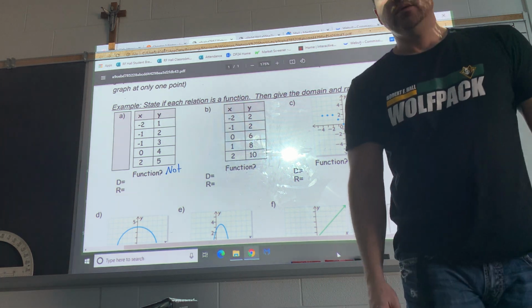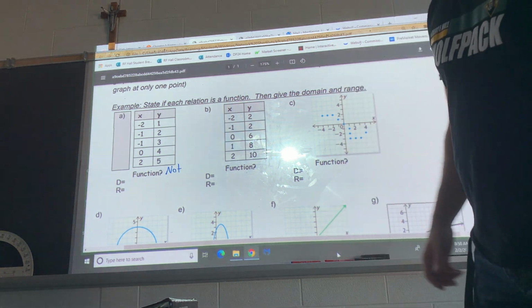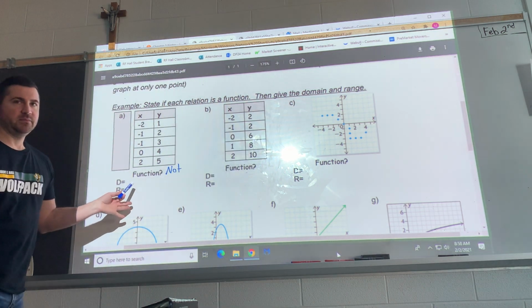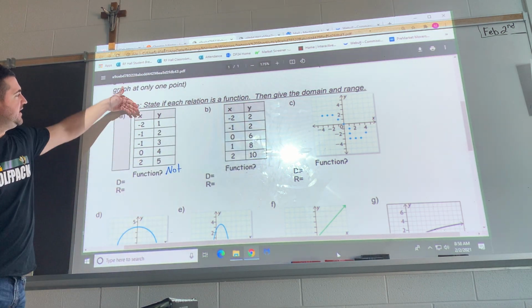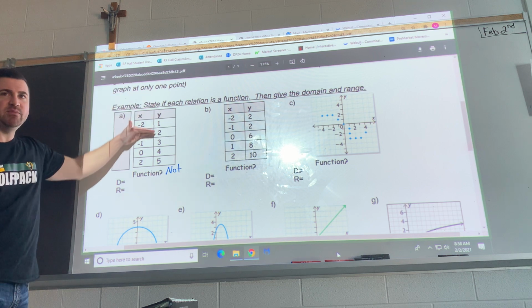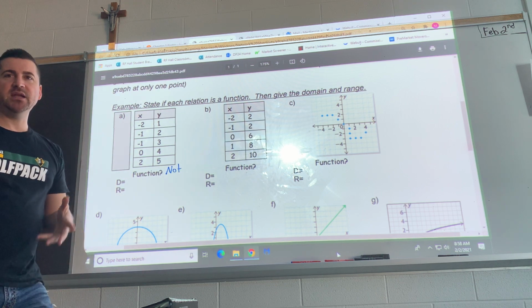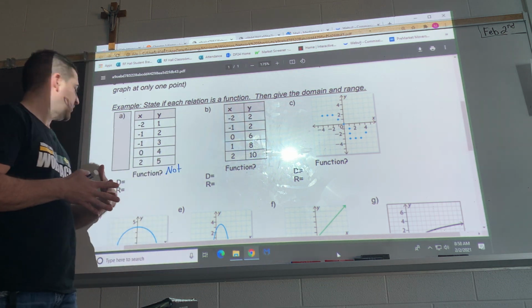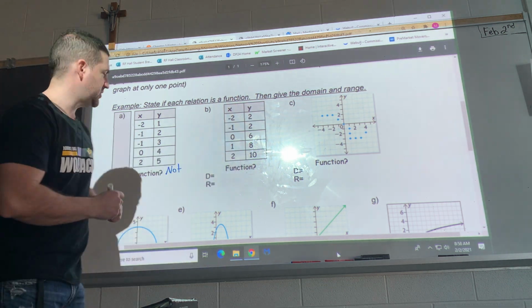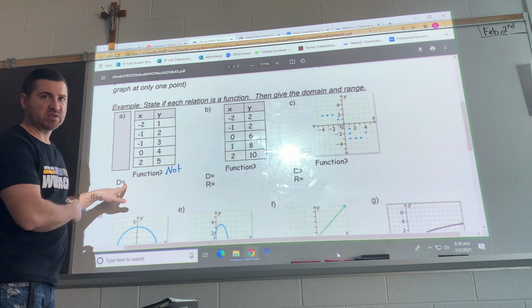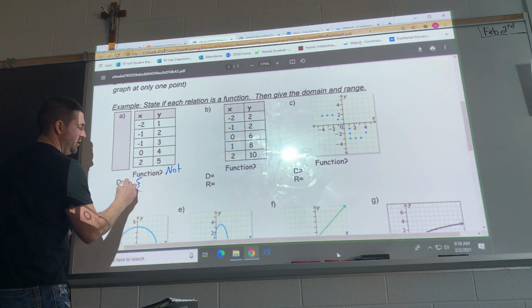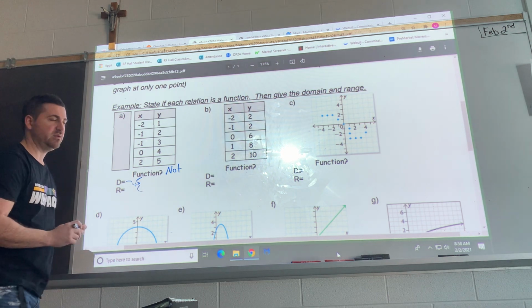That was it. We started off with kind of a trick question. Now our domain. When we have a table of values and it asks for the domain, all you have to do is write out the actual values. The domain represents the x values, so we just list them out.